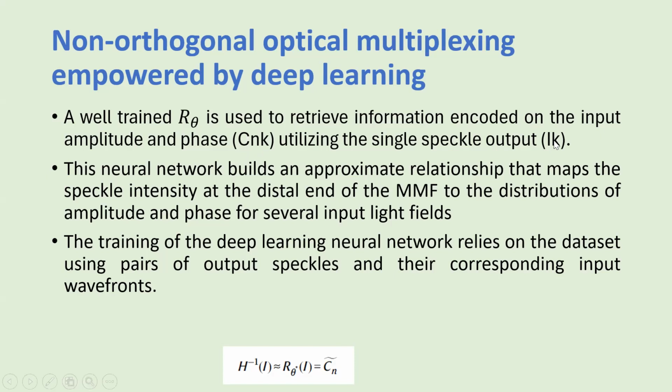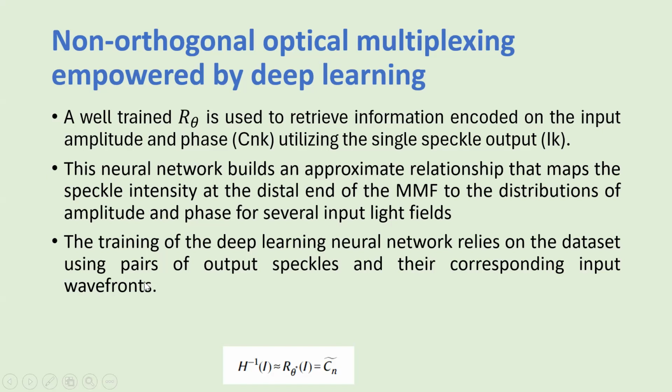Then I_K means a single speckle output, a single output light field that has been multiplexed. So this neural network builds an approximate relation that maps the speckle intensity at the distal end of the MMF to the distributions of amplitude and phase of several input light fields. That's what I am explaining about the mapping.